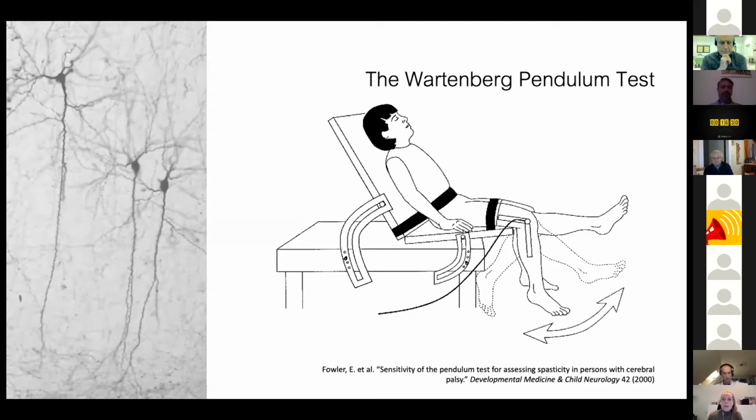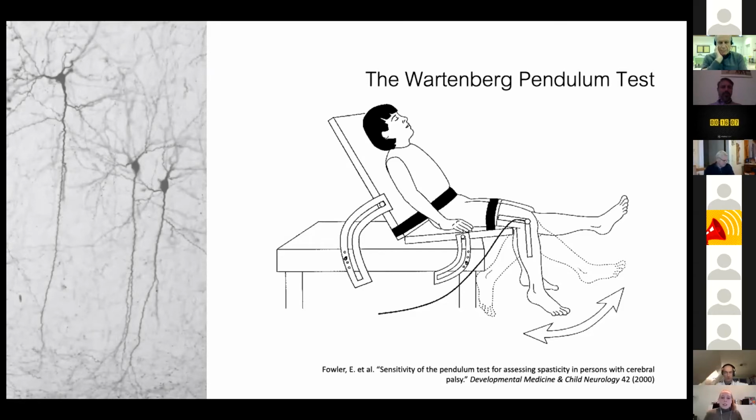So this is a biomechanical method because it looks at the oscillatory resistance of the knee joint. And often a goniometer is used to quantify the joint angle. And various parameters have been derived from this test.